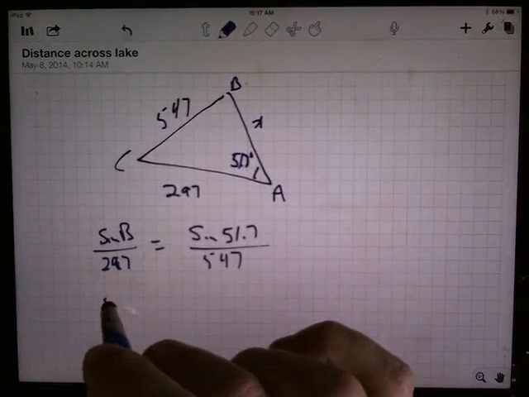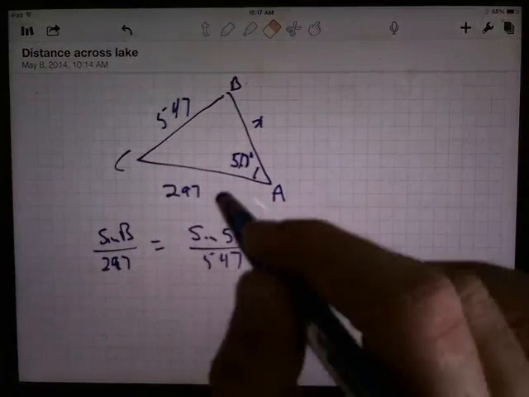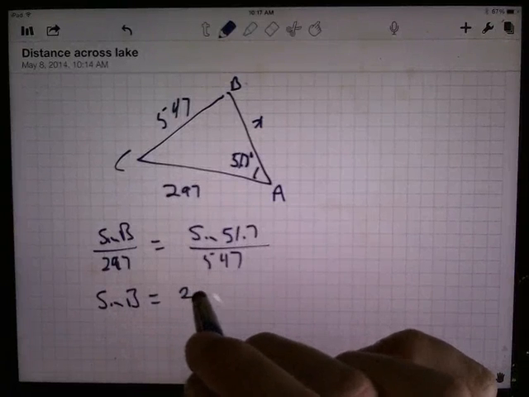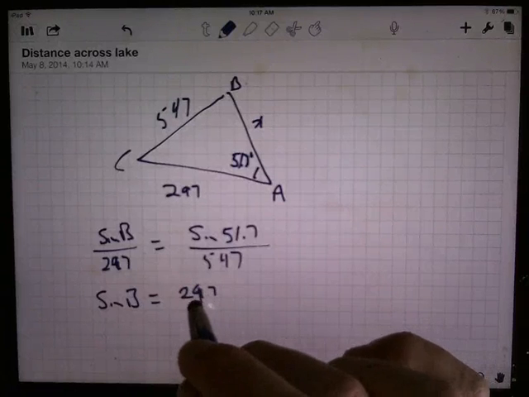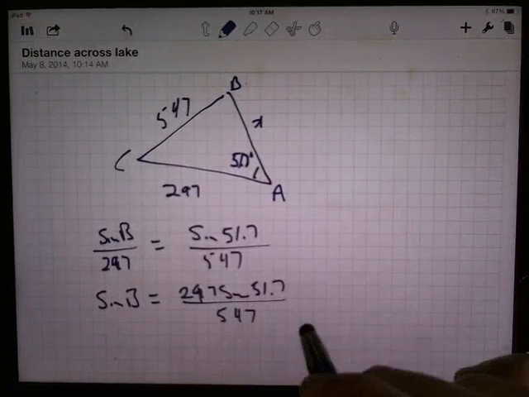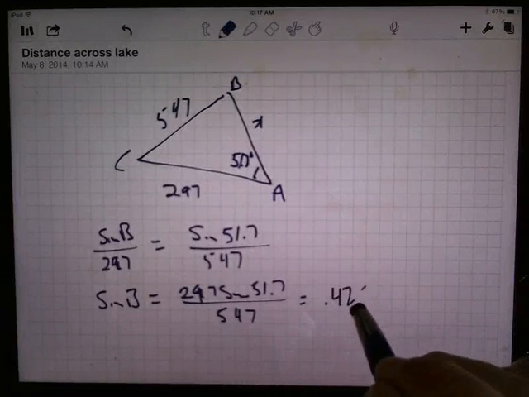So solving for sine of B, sine of angle B equals 297 times the sine of 51.7 divided by 547 for a grand total of 297 times the sine of 51.7 divided by 547, equals, so that's 0.4261.